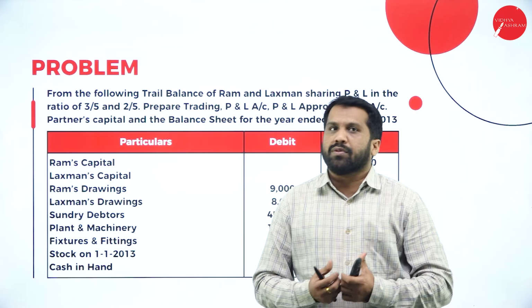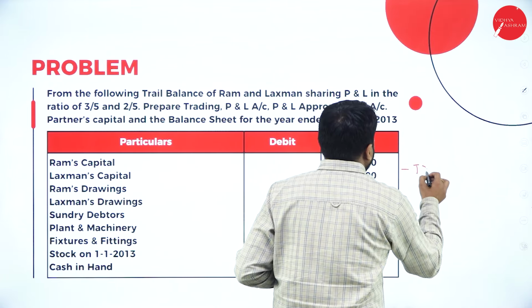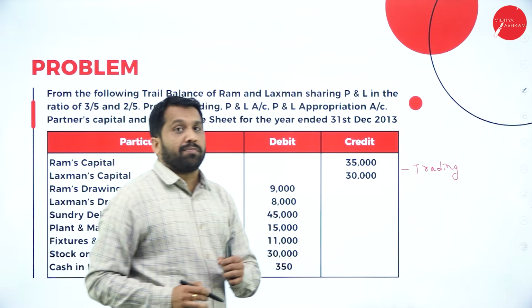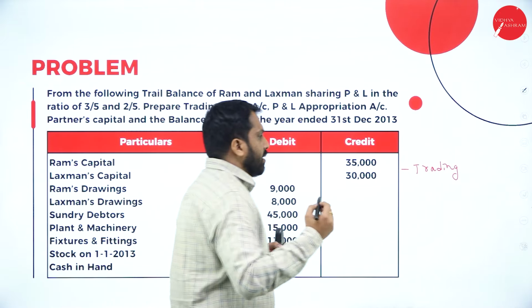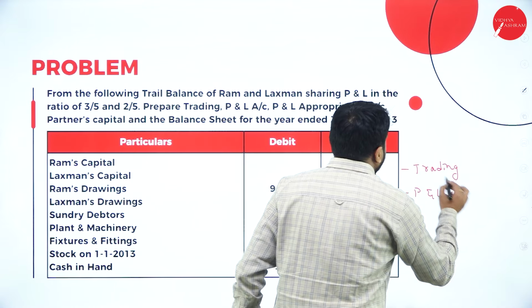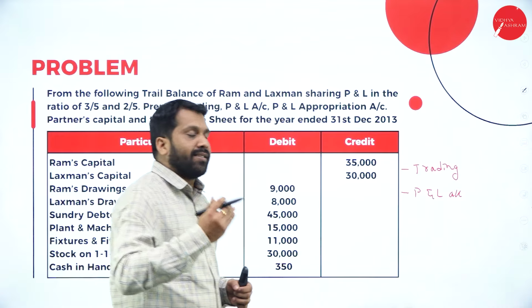Which are those few accounts? Remember, first we go with your trading account. Next we go with the profit and loss account, the second part. What is the third one?